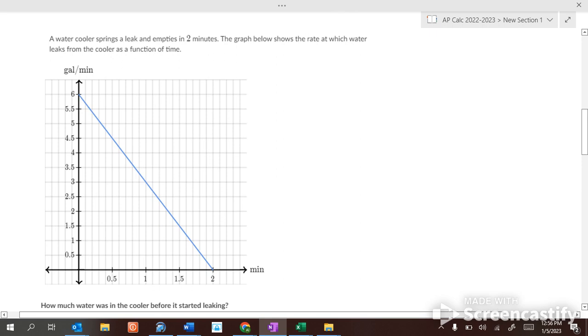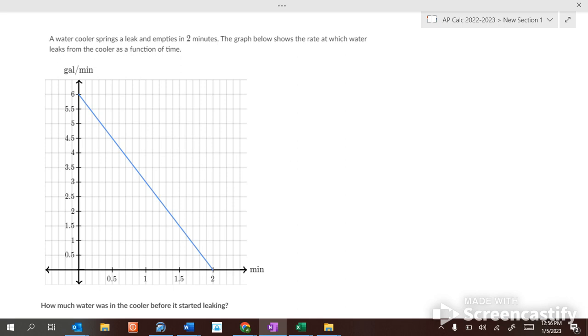A water cooler springs a leak and empties in 2 minutes of time. It only takes 2 minutes for all the water to come out. The graph below shows the rate it leaks in gallons per minute. How much water was in it before it started leaking? Now, if you look up here and say, well, there was 6 gallons because 6 gallons a minute leaked out, it doesn't work that way.